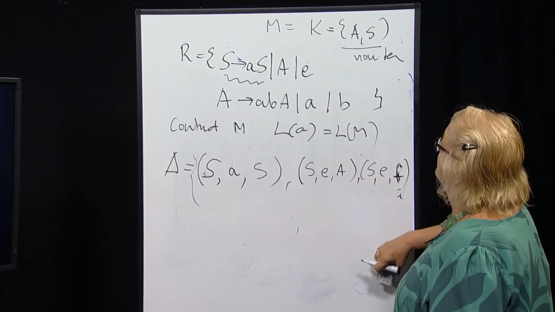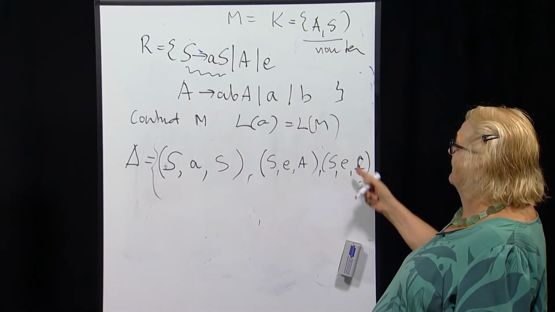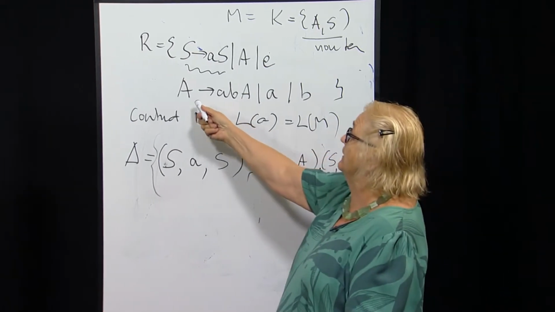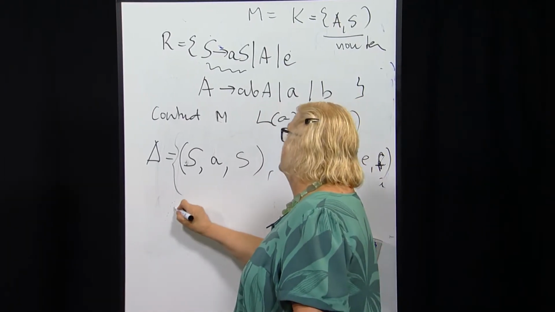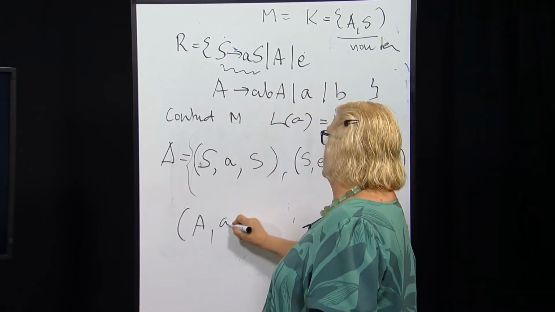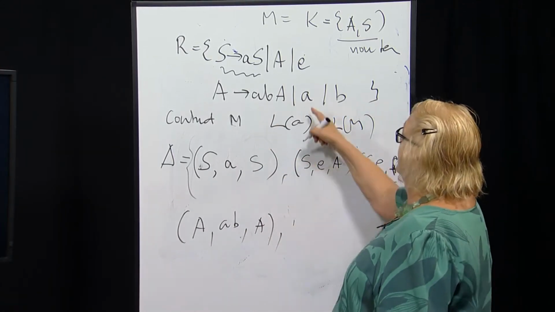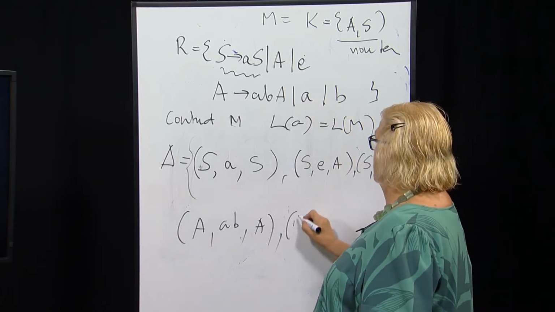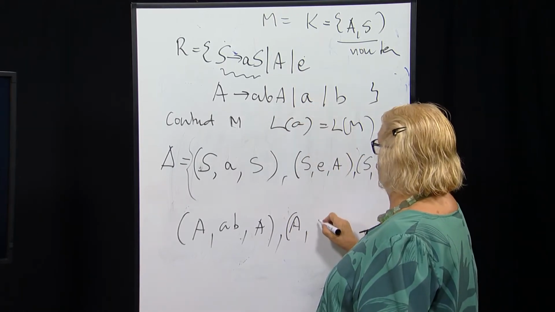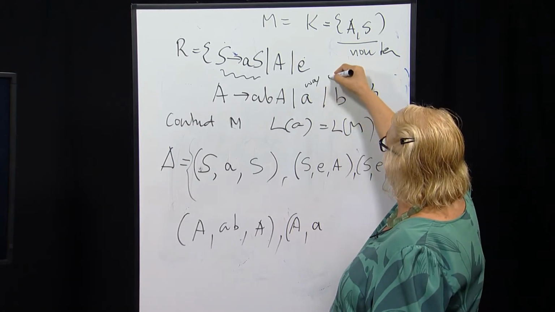So you can see that now I encode the rules of the grammar in the moves of the automata. What this rule would say is that in a state A, you read b, and you go to the state A. And that rule would say, in a state A, you read b, and what does it mean? This is the way out.